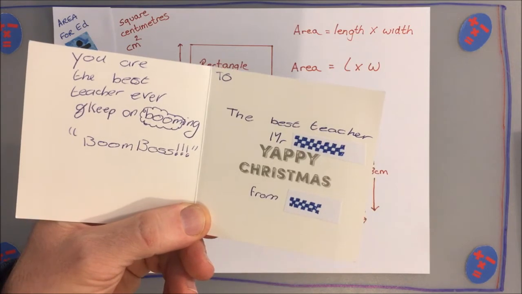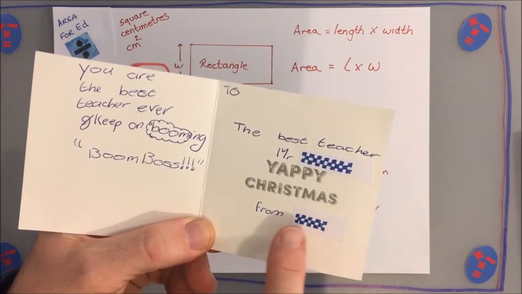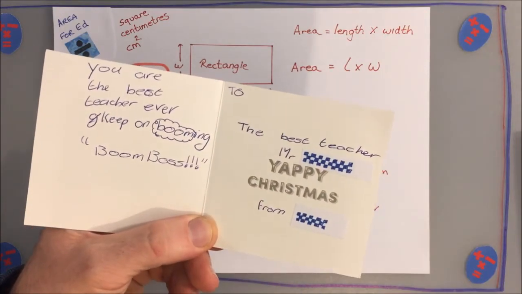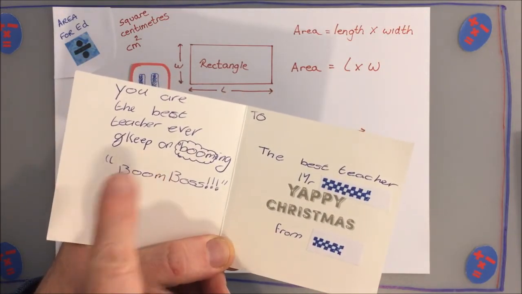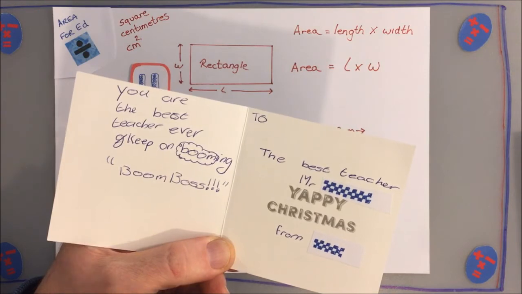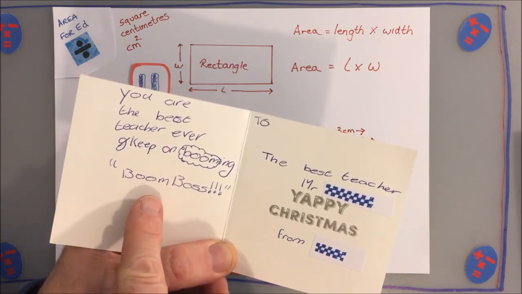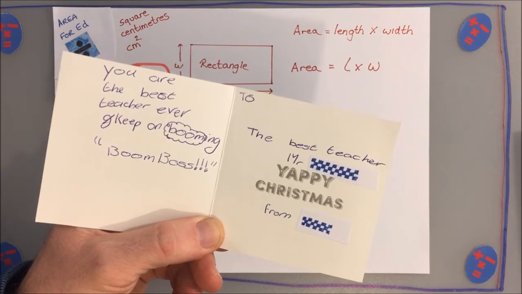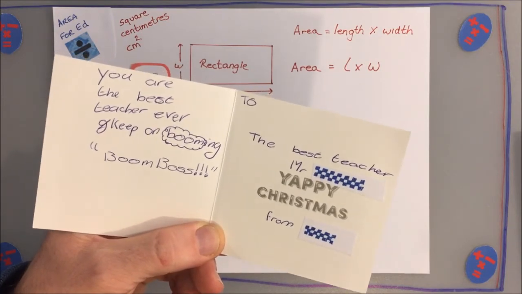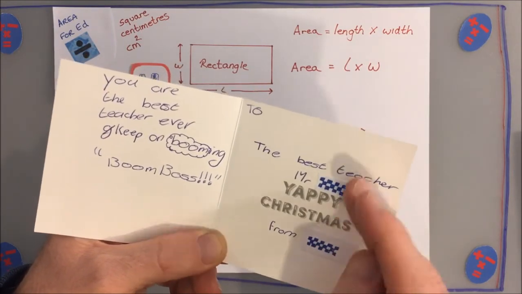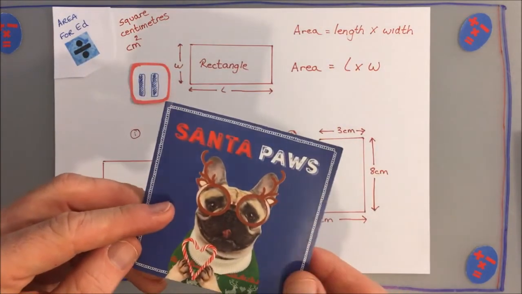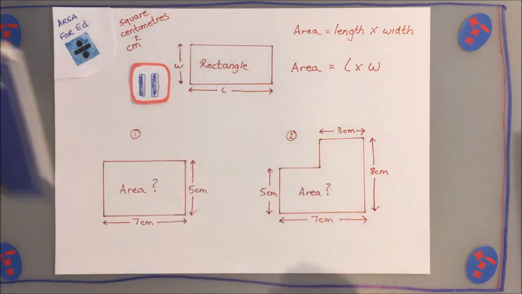So what I'll do is, by the time they get to see it, I'll put some effect on here, like make it fuzzy or checkerboard or something. But it is an interesting one here because it says I'm the best teacher ever, and it says for me to keep on booming, which should be proof that I was saying boom way before people like Big Shaq. So that was a good card. I must just remember to blank those bits out. Yeah, Santa pause. Yeah, I get it.